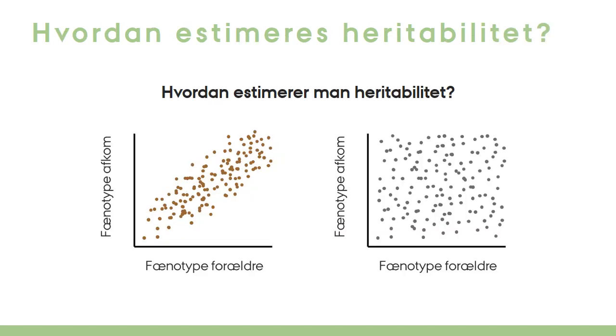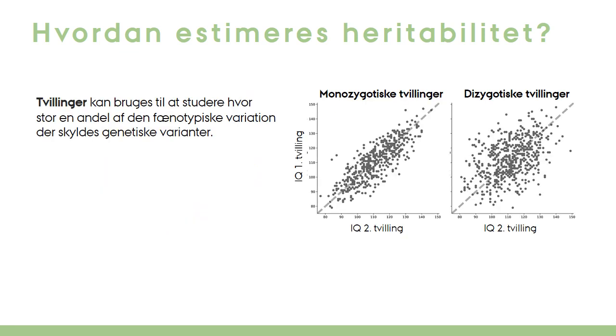So how do we actually, in real life, estimate heritability? Well, one way of doing it is by doing twin studies. For example, in monozygotic twins, so that's identical twins, their genetics are exactly the same.